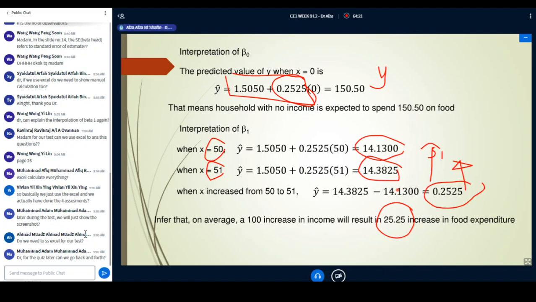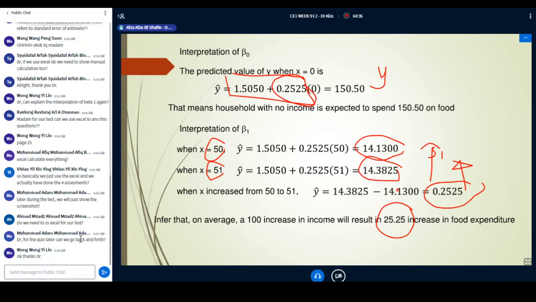The reason why I normally do this is because sometimes you get a model, but when you try to put that in the physical situation, it doesn't make sense.